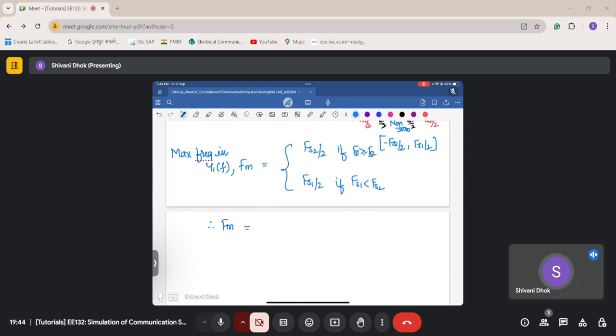So this fm you can write as half of the minimum of fs1, fs2, and therefore the minimum sampling rate, which is fs, equal to 2 times fm, comes out to be 2 times half of the minimum of fs1, fs2.